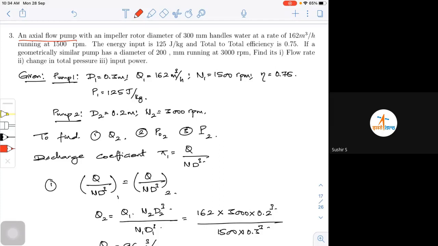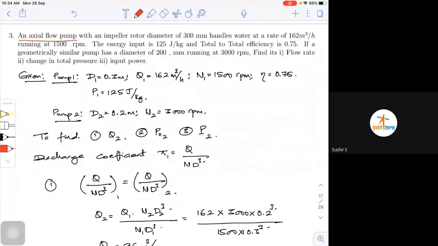Okay. Now, in the previous problem we had a model and a prototype. Here I may have 2 models of different systems. I can call them model 1 and model 2, or 2 prototypes, whatever it may be. So there are 2 things: pump 1 and pump 2. For pump 1, I have all the things: diameter is given, discharge is given, speed is given, efficiency is given, and P1 is given.